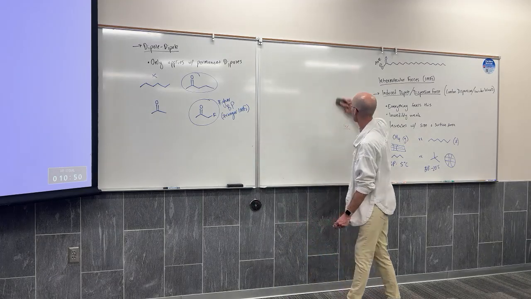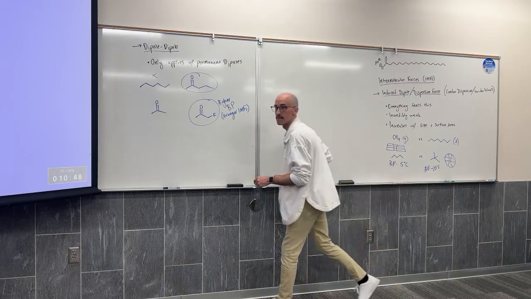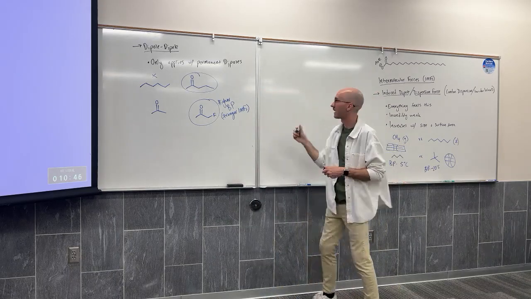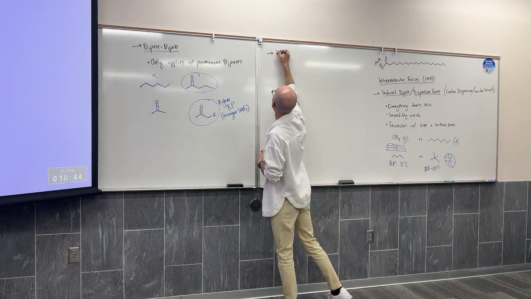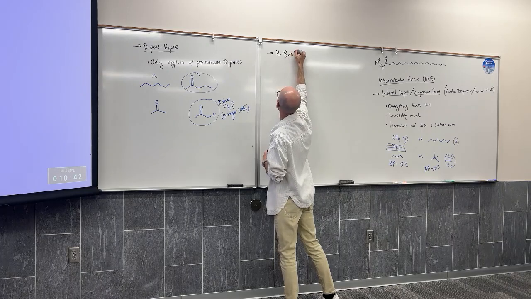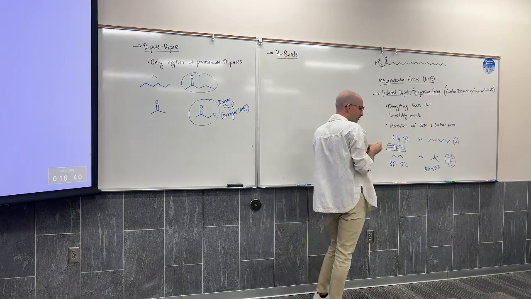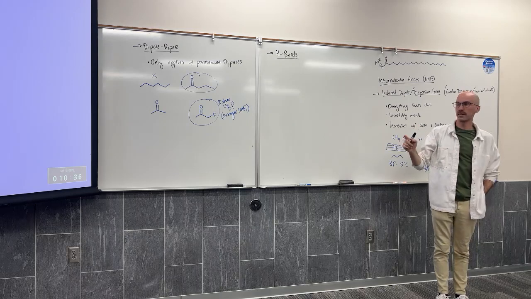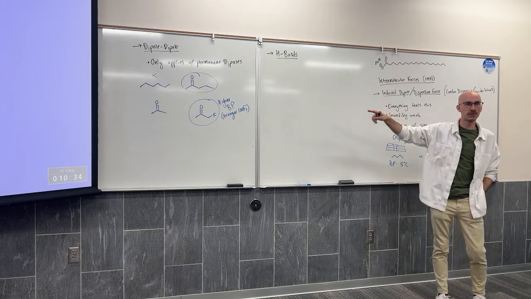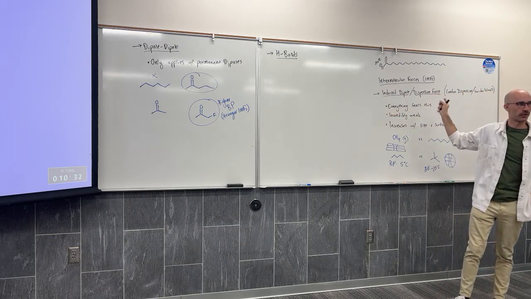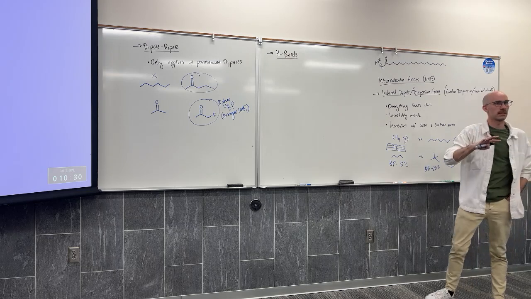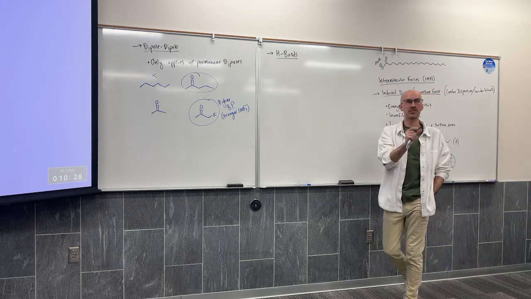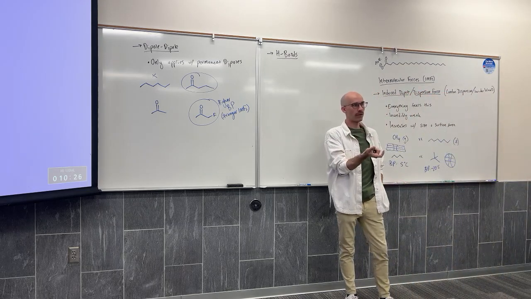You guys know what's coming next? Hydrogen bonding. Now, hydrogen bonding is as much a bond as dipole-dipole forces are and van der Waals forces are. It is about 1/10 of the strength of a true covalent bond.